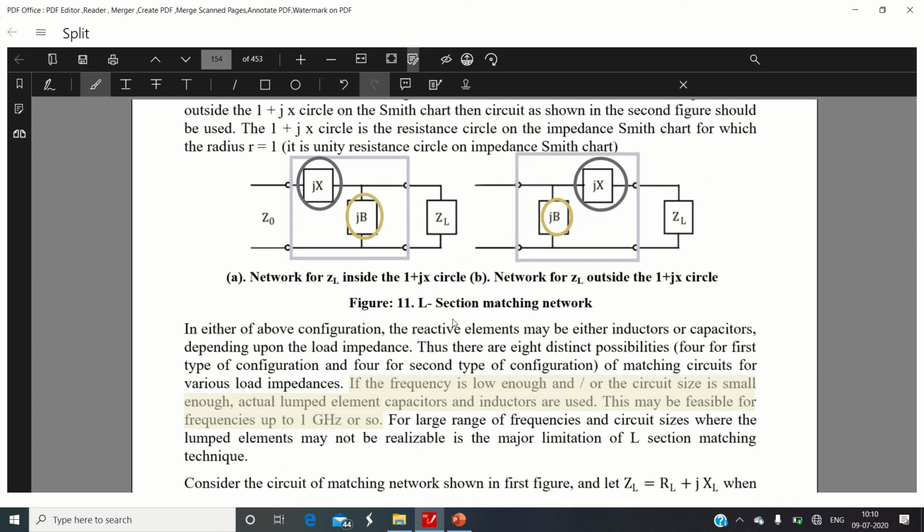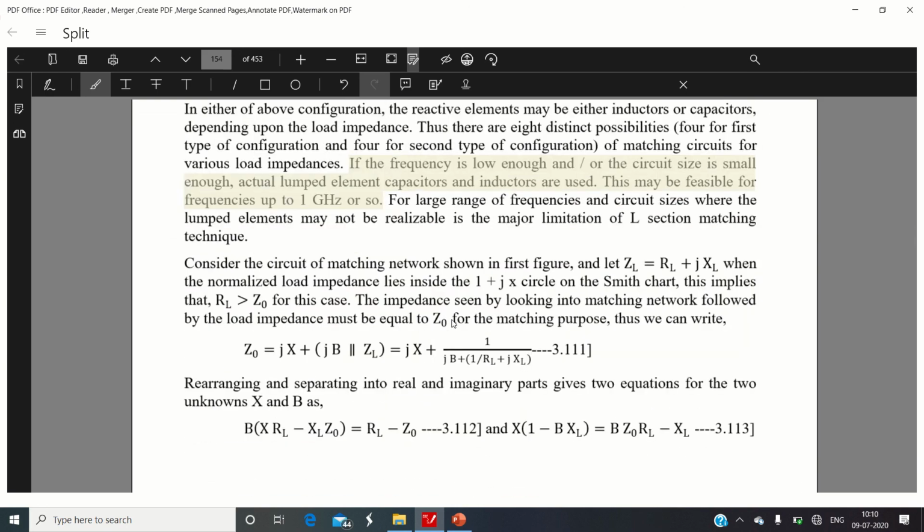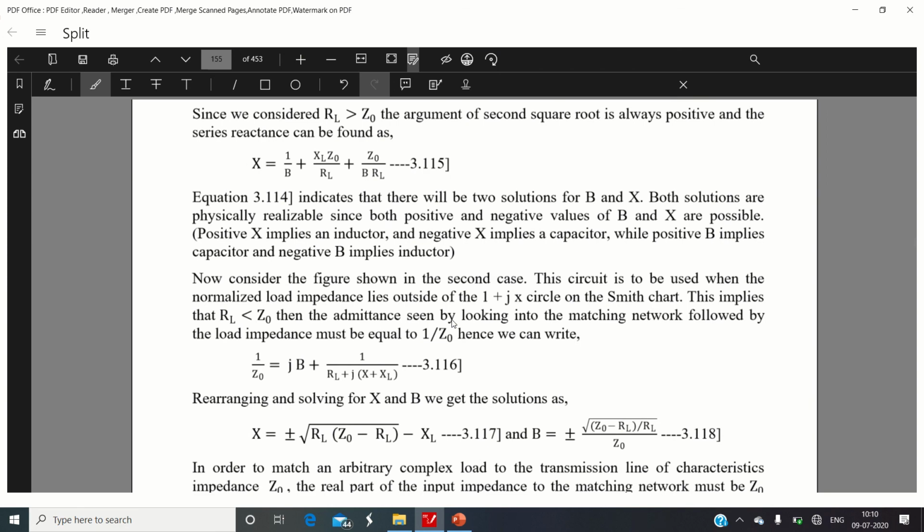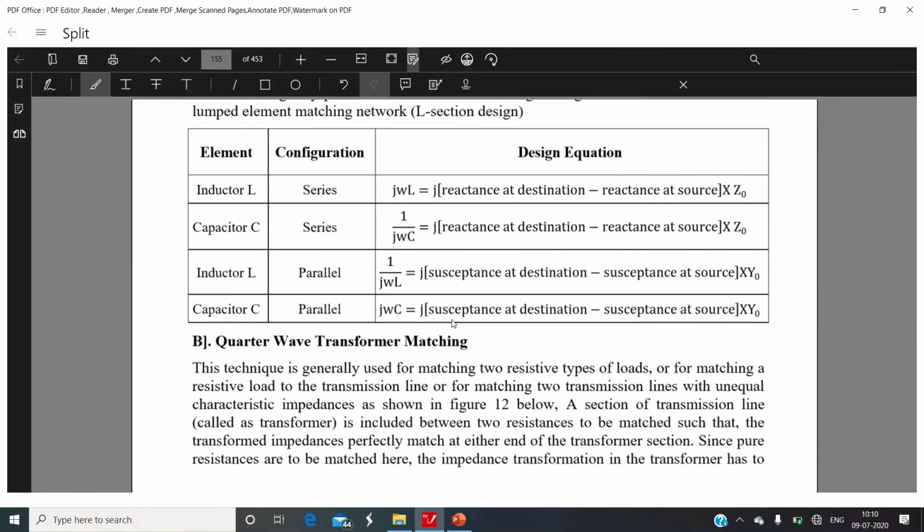So next we will discuss the standard empirical equations to find out the values of inductors and capacitors when they are used in series and in parallel configuration. We will come across that standard equation table of elements.